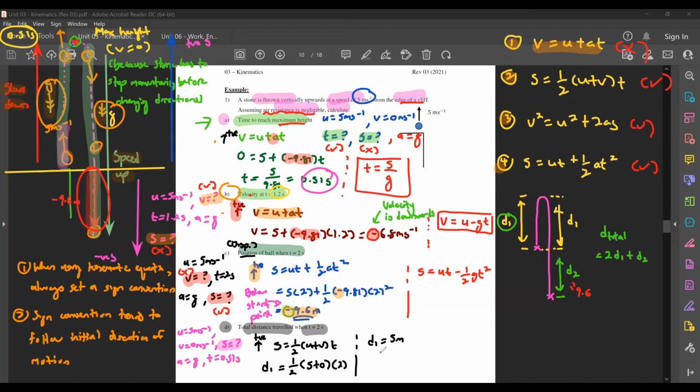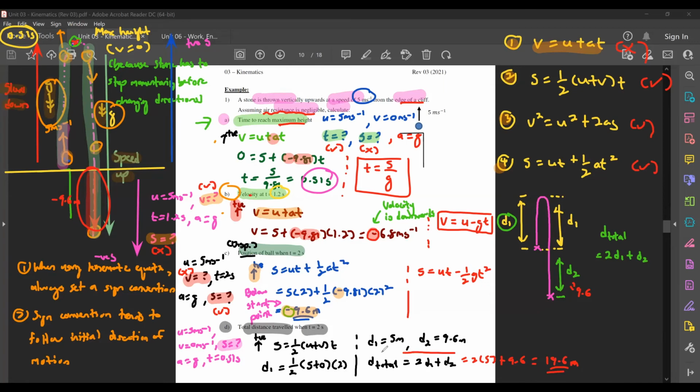Okay, from here, I also know that D2 is 9.6 meter. So D total would be 2 D1 plus D2. In turn, it will become 2 times 5 plus 9.6, giving me 19.6 meter. Okay, so this is what you're going to get.